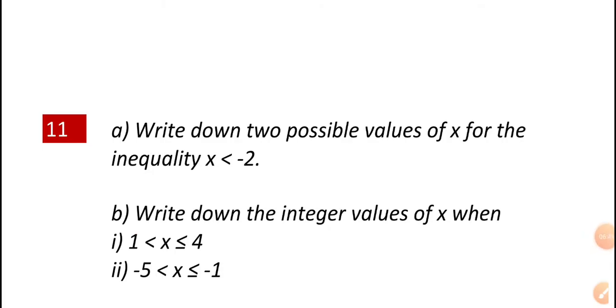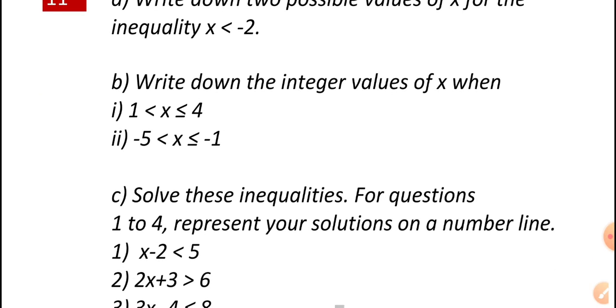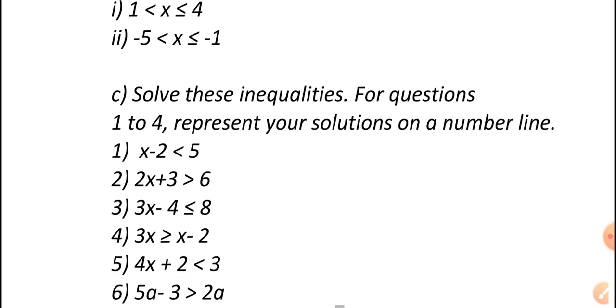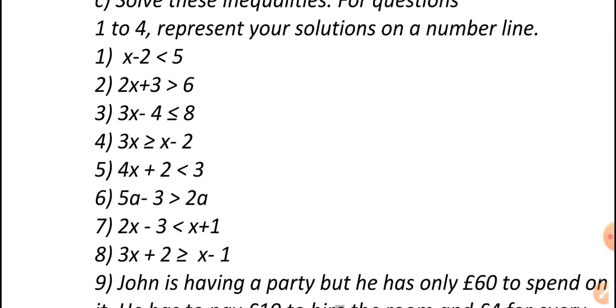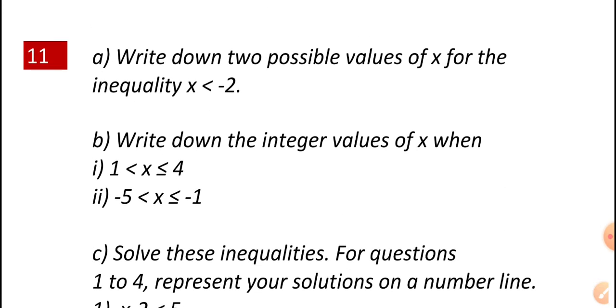I would now like to try question 11 by itself. So question 11, A and B are there. Then you've got question C, which has got quite a few questions, 9 questions on it. Okay, so question 11. I'll pause it for a little bit here, so you can pause it and try and do question A and B first.